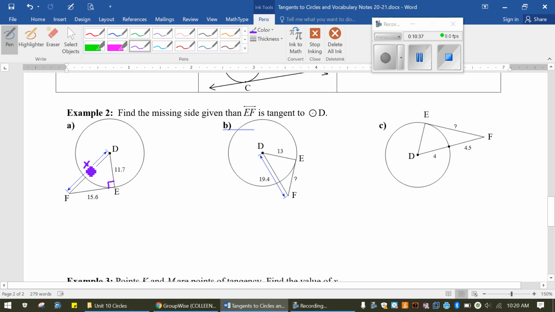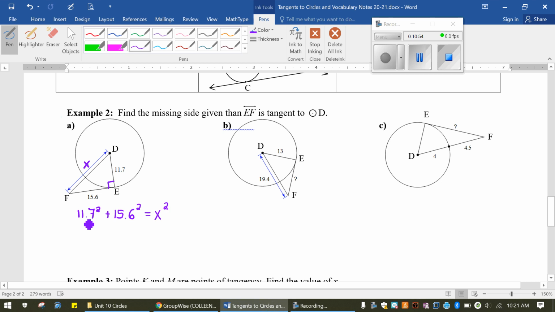And then we're going to do our Pythagorean theorem. Our a squared plus our b squared equals our c squared. So 11.7 squared plus 15.6 squared equals x squared.